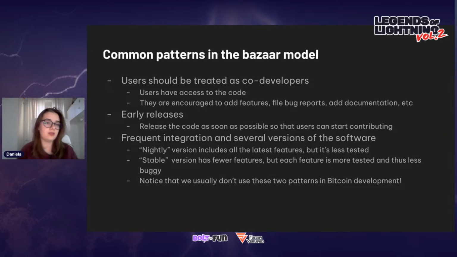In Bitcoin, we don't do that because we want our software to be thoroughly tested before people can use it. It happens that code is released and we say, hey, don't use this in production. This is still very, very early. But still, when you think about, for example, Bitcoin Core, there's no Bitcoin Core Nightly which has new features because we're really scared of just having bugs on our nodes.